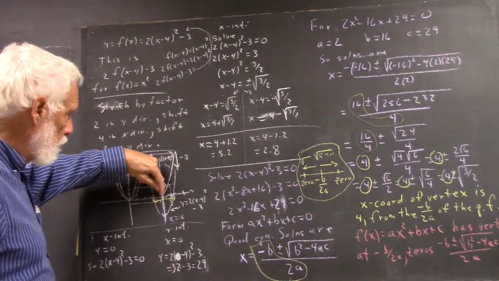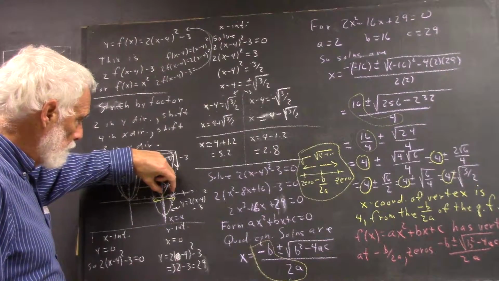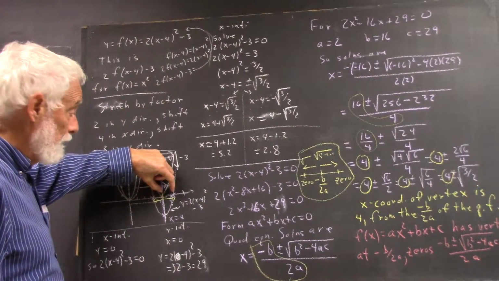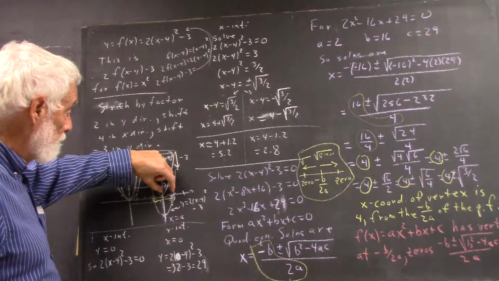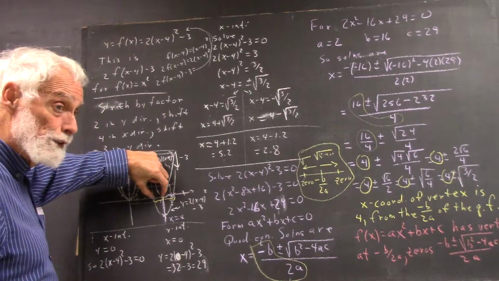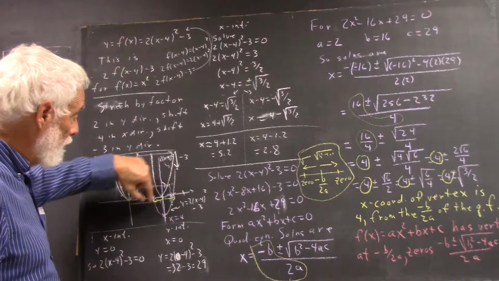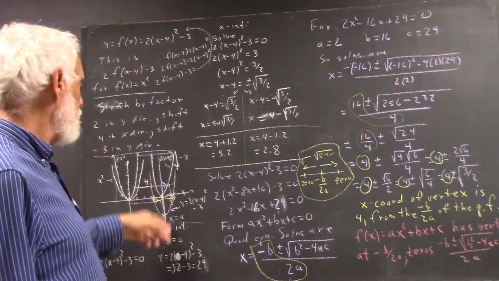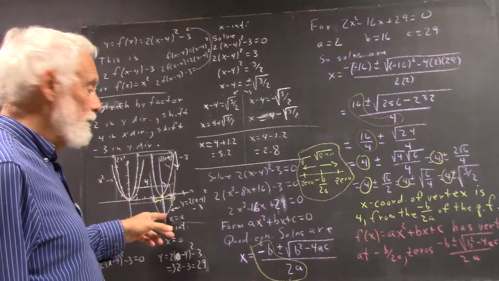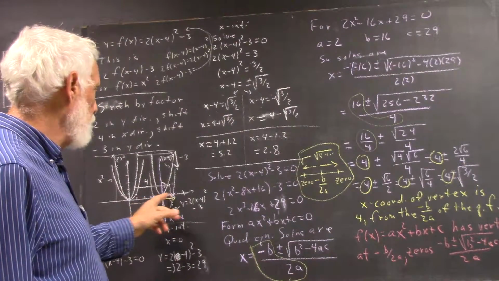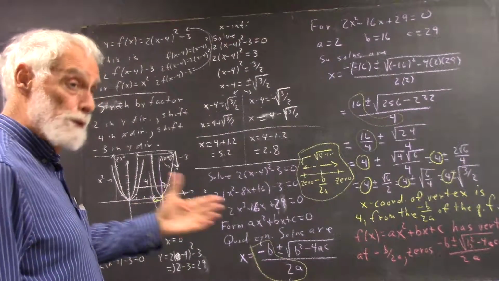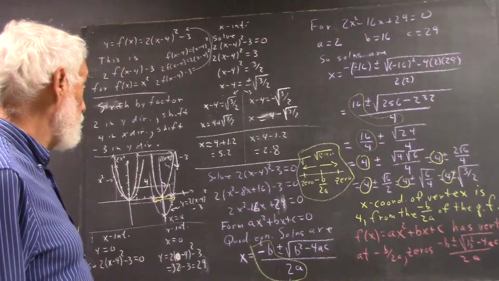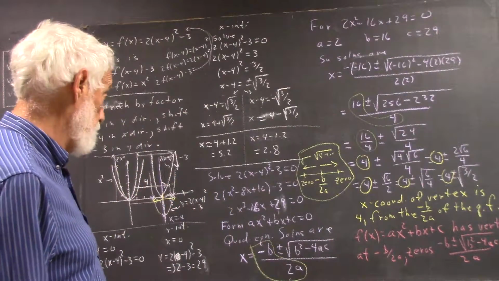Here's 4 on the x-axis. We move over 1.2 units, and there is one of our zeros. Here's 4. We move the same distance in the opposite direction, and we have the other 0. So the vertex of the parabola lies at an x-coordinate that's halfway between the coordinates of its zeros, which is kind of interesting and an important idea. You want to pick that idea up.